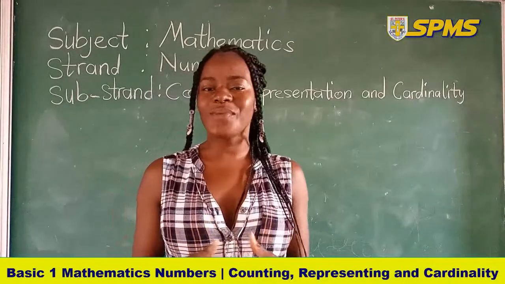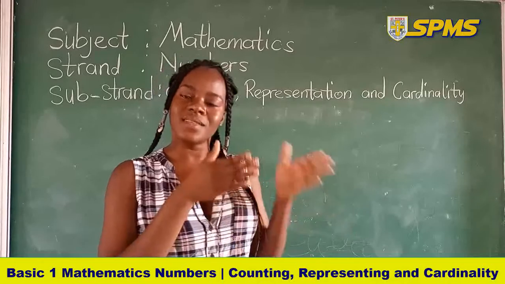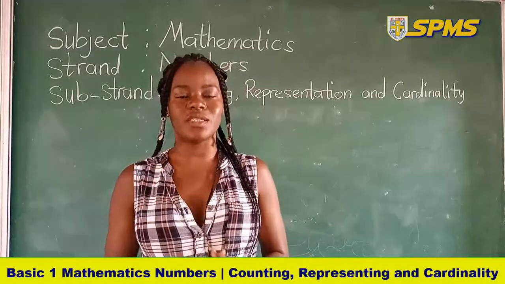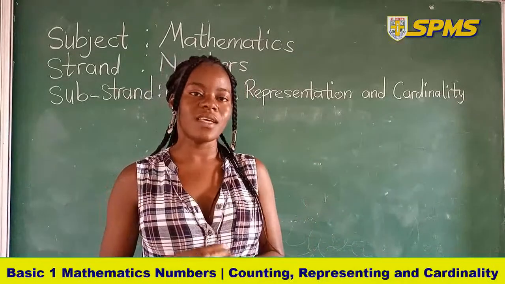Okay, so today we are going to talk about numbers. We are going to look at numbers, counting, representation and what? Cardinality. So by the end of today's lesson, you should be able to count between 0 to 100 by 2s and 10s.